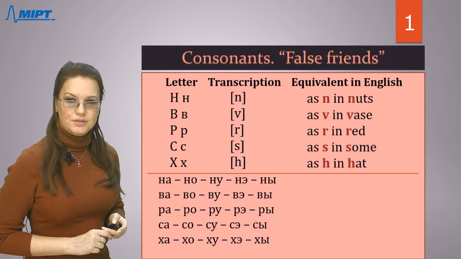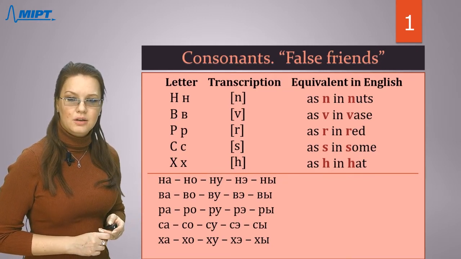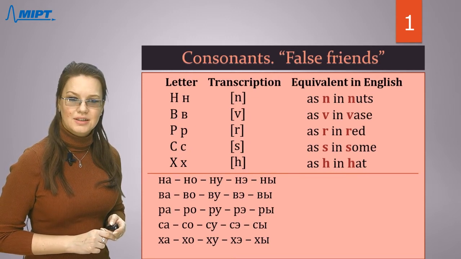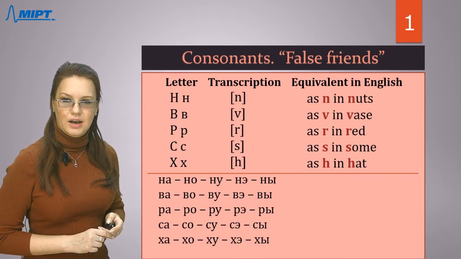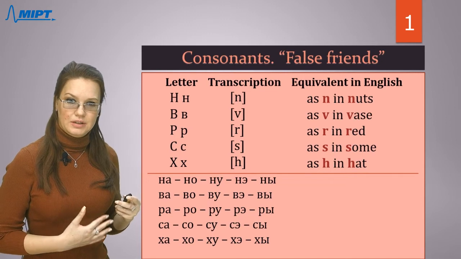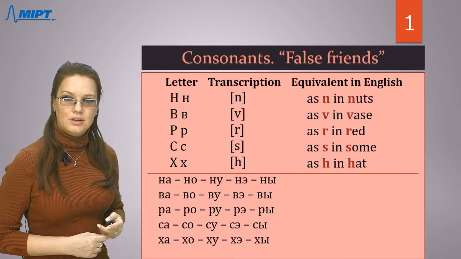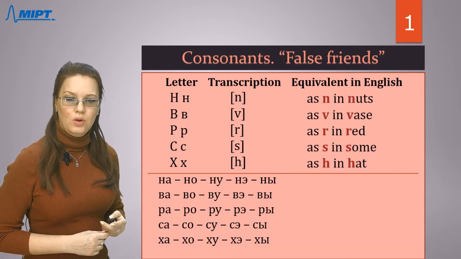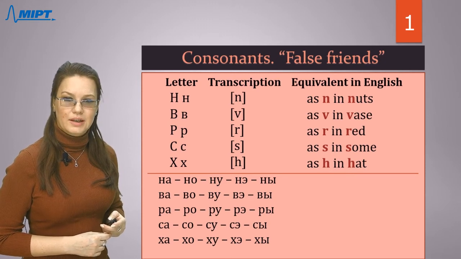Next line, let's read. Ra, ro, ru, re, ri. Not English r, ra, ro, ru. Try to pronounce it correctly from the beginning. It will sound like r, ra, ro, ru, re, ri.